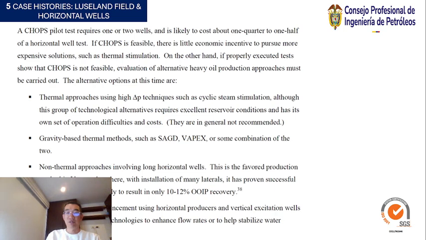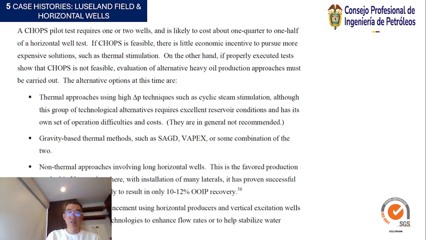This is the favored production method in Venezuela, where with the installation of many laterals, it has proven successful economically, but is likely to result in only 10 to 12% OOIP recovery.